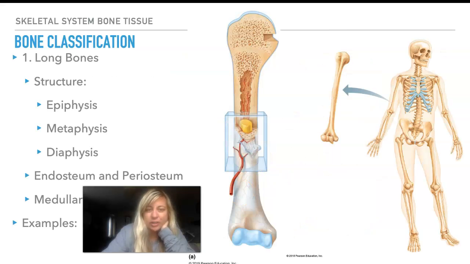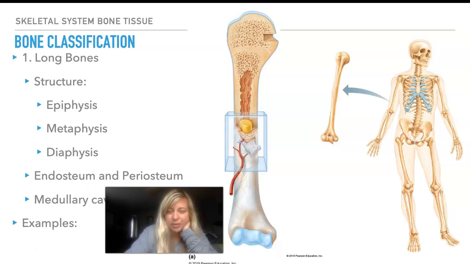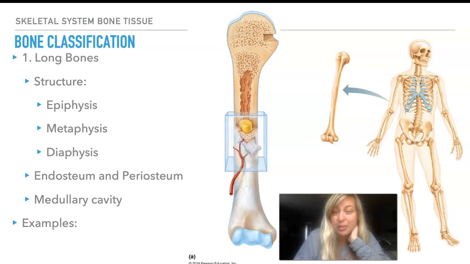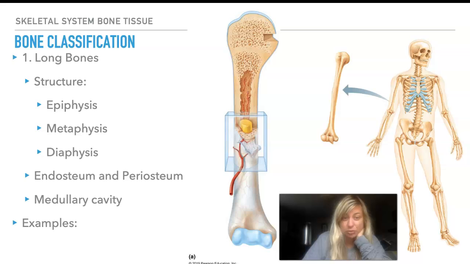We're going to first look at the long bones because if you had someone draw a bone, this is the stereotypical bone that they would draw. A lot of bones are not necessarily always long, but they are always longer than they are wide.